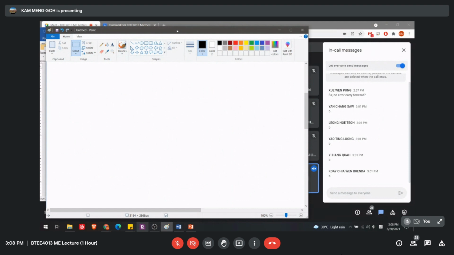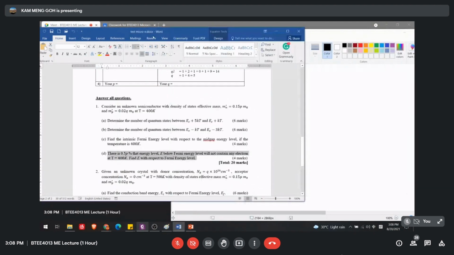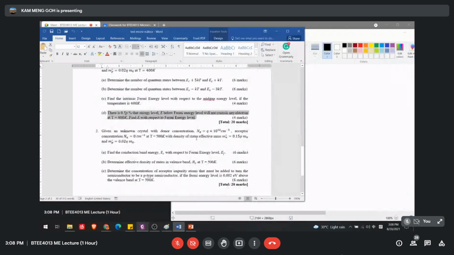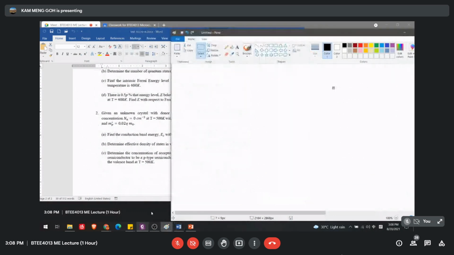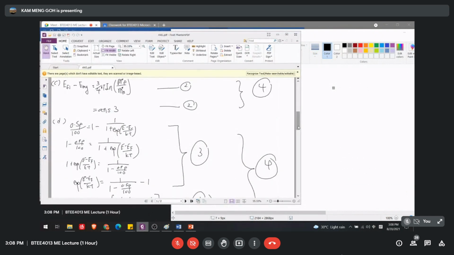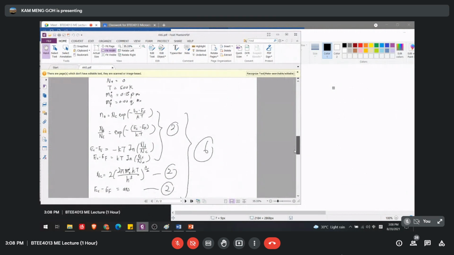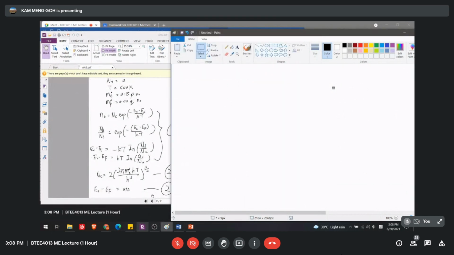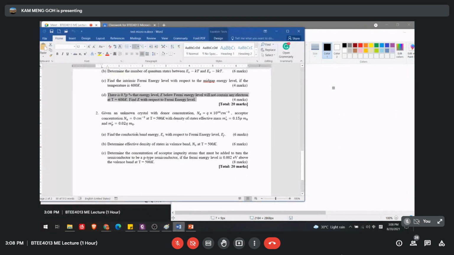Okay, question 2. Let's see question 2. Question 2 is a bit tricky. Okay, where's my formula? This one, the answer scheme. Question 2: you are asked to find the conduction band energy EC with respect to the Fermi energy level.